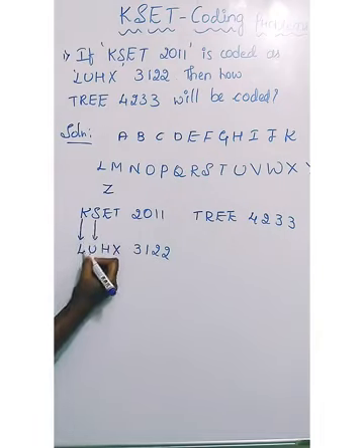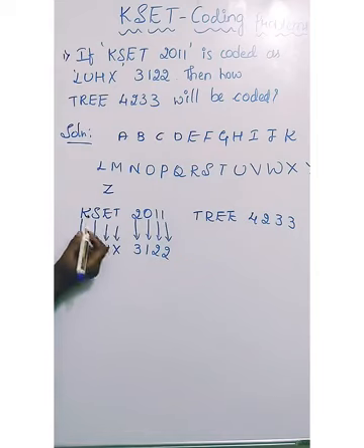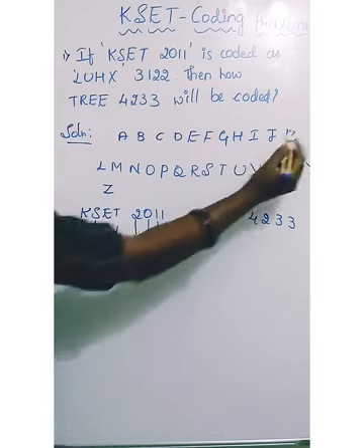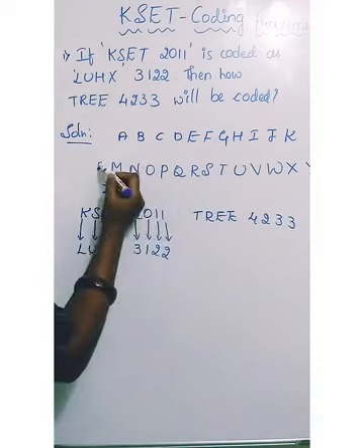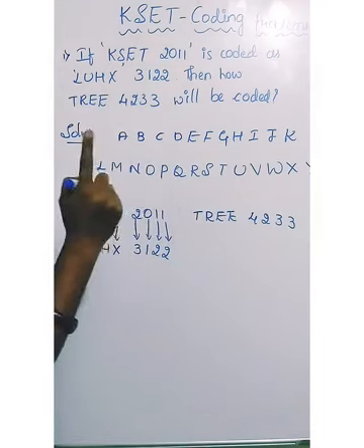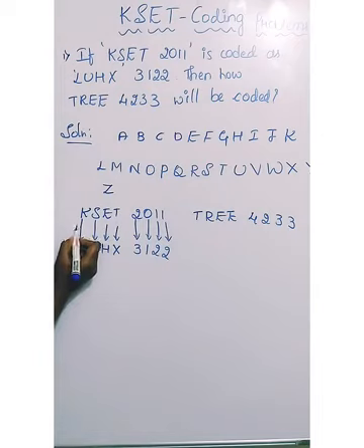Here you can notice that after K comes L, after S comes U, after E comes H, after X comes T. Each letter is coded by a later letter, so we should apply the forward coding method. After K, L comes, so only one letter varies. So here we take 1.